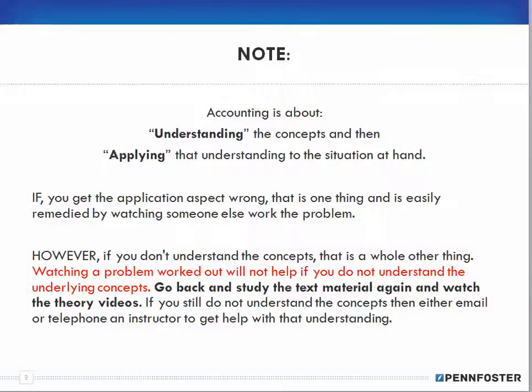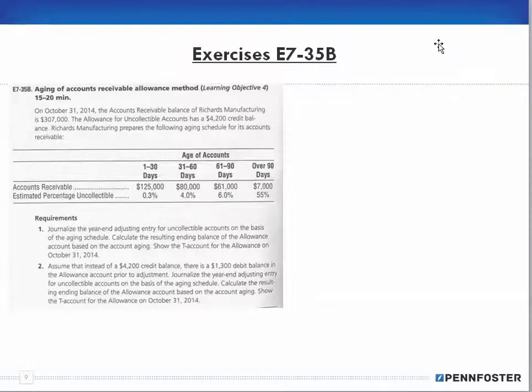Okay, so we are now working on exercise 7-35, and this is aging of accounts receivable, allowance method, so the aging method. On October 31st, the accounts receivable balance of Richards Manufacturing is $307,000.